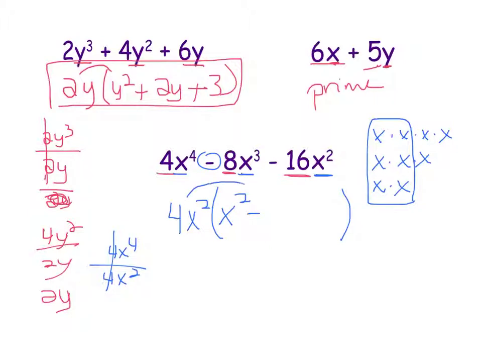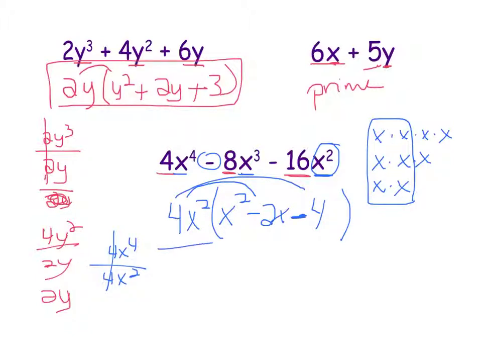What 4x squared times what gives me 8x to the third? Well, 4 times 2 gives me 8. X squared times x gives me x to the third. Minus 4 times 4 gives me 16. X squared times, we don't need any other x's because it is x squared, so that's it, just 4.